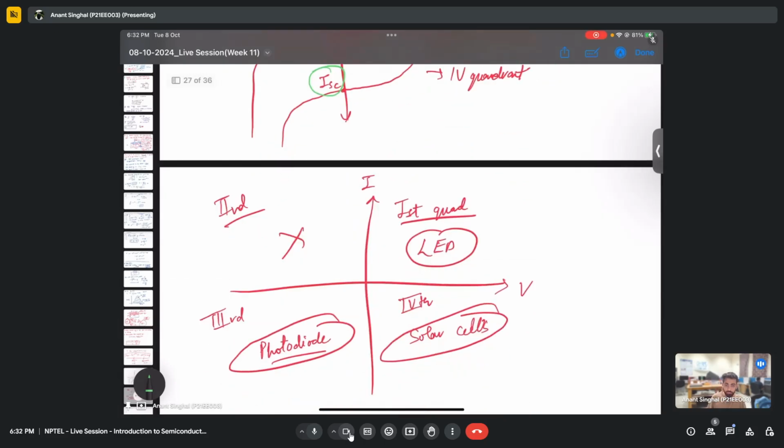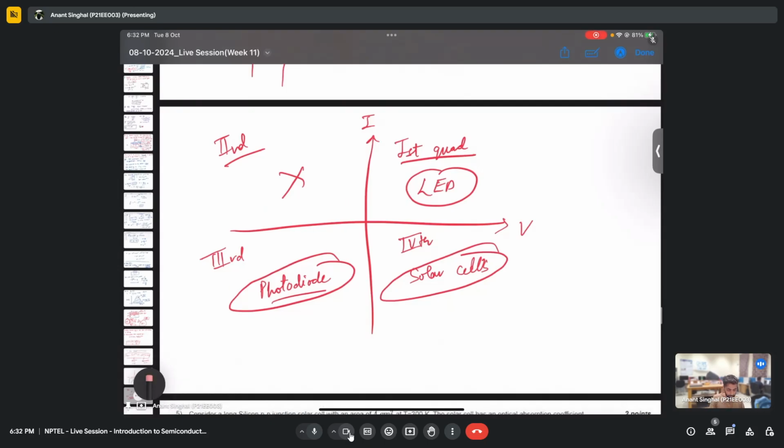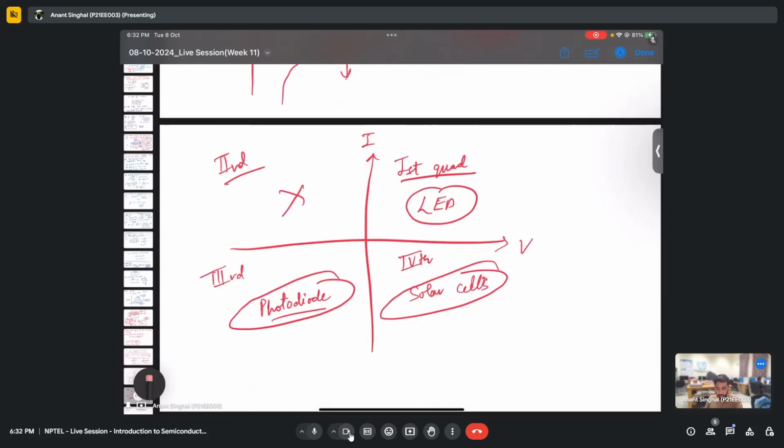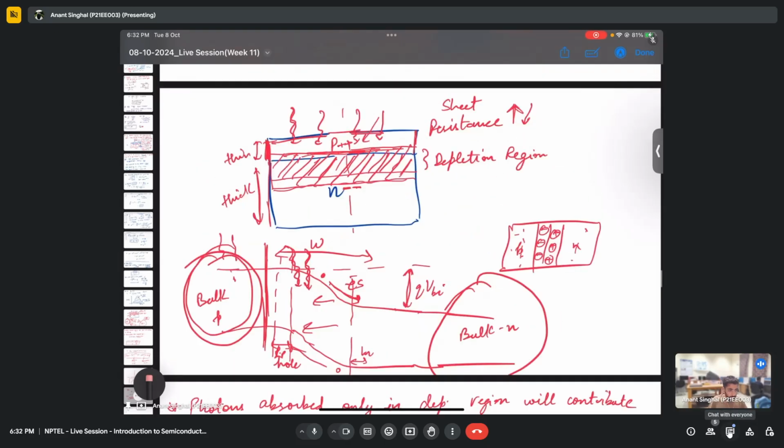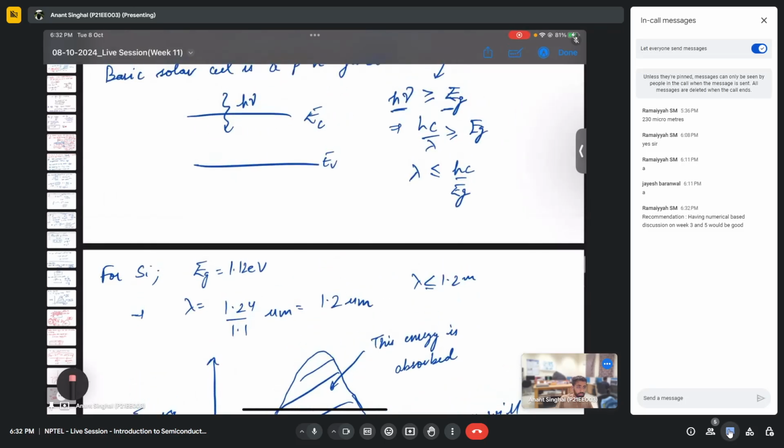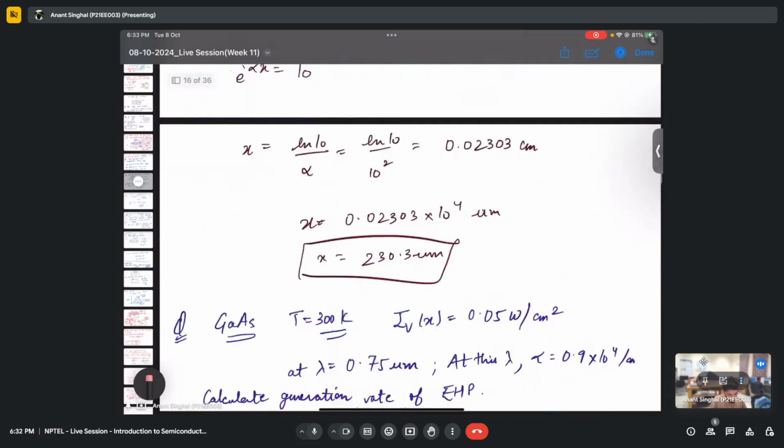So maybe we can first discuss that. For the theoretical part, I guess this is it for today's lecture. But what I want to discuss is, do we have some particular lecture which has some problems? Week 3 and 5. Okay, so it is the complete message. So let's see what is 3 and 5.